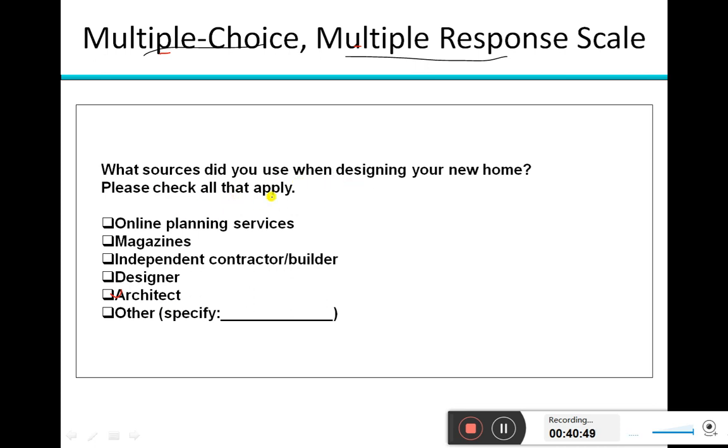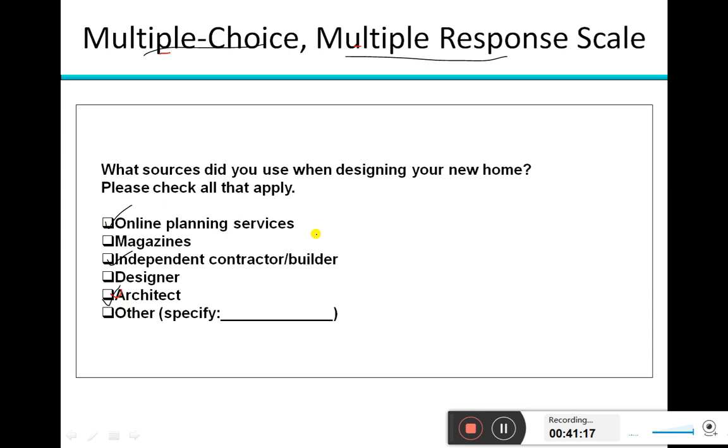Please check all that apply. I have, for example, an online planning service, an architect as well, and an independent contractor or builder. So now I have used multiple responses. I had multiple choices and I have used multiple sources.